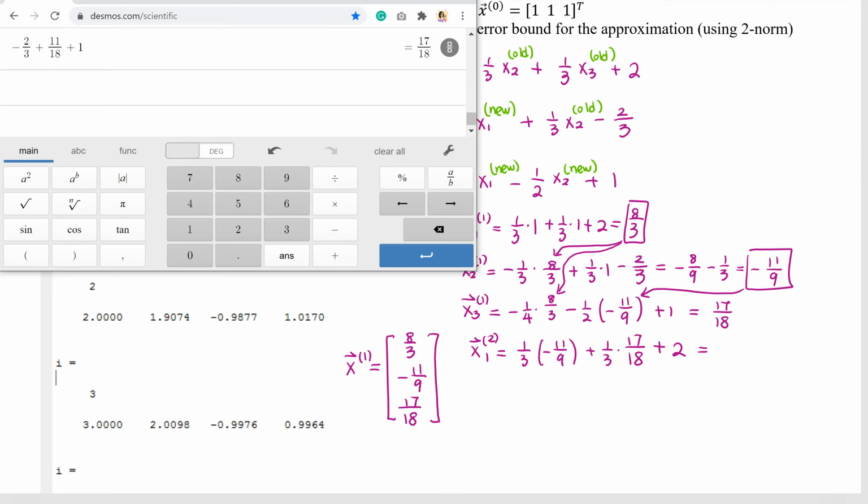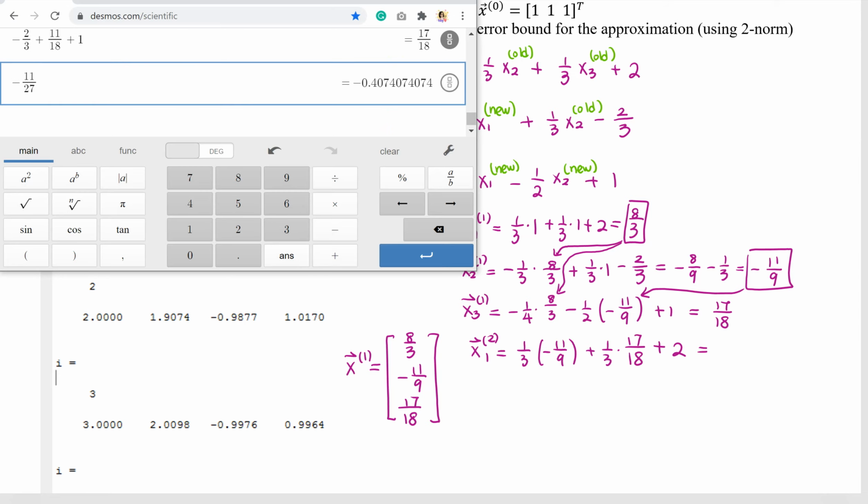We have negative 11/27, plus 17 over 3 times 18, plus 2.